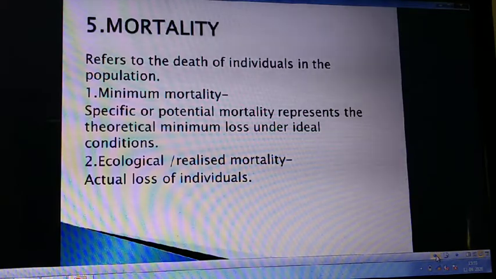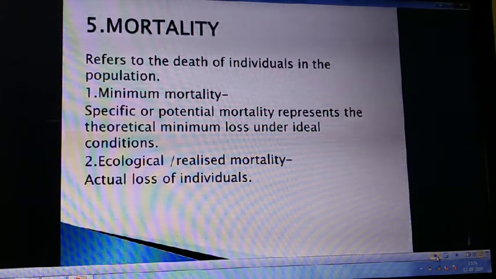The fifth characteristic is mortality. It refers to the death of individuals in the population. Minimum mortality and the ecological. Minimum, specific or potential mortality represents the theoretical minimum loss under ideal condition, but actually the number of individuals that are lost per unit time constitutes the ecological or realized mortality.